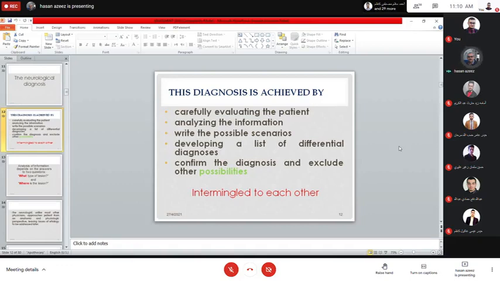And according to the scenario, we can develop a list of differential diagnoses. And when we construct a list of differential diagnoses, now we can start the workup to confirm the diagnosis and exclude other possibilities. Sometimes these steps are intermingled with each other.